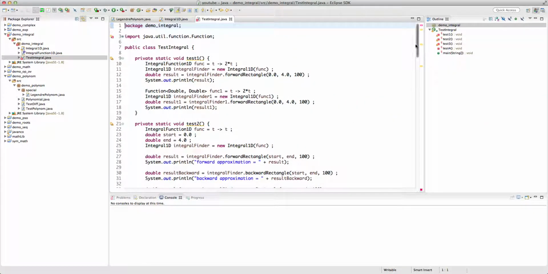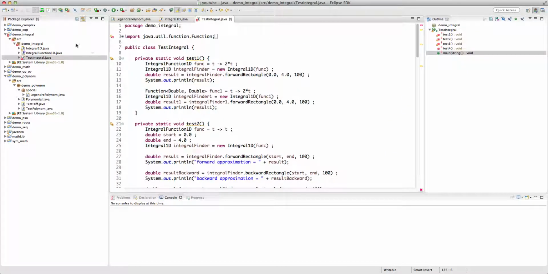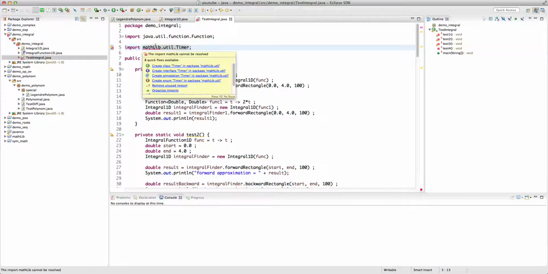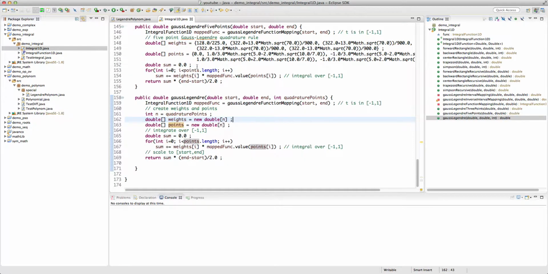We also have the export, so let's also remove the export, Command Shift O.